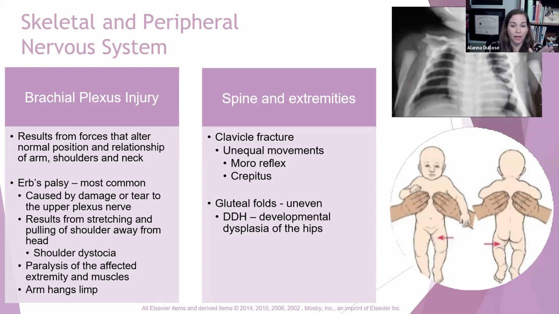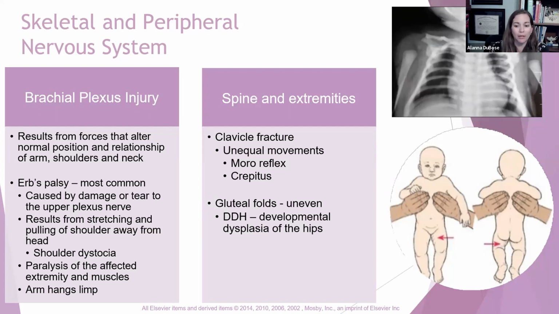This actually can happen with the brachial plexus injury as well, like we're going to talk about. That's one of the reasons that we do the reflexes at delivery, including the Moro reflex, to assess whether there might be any skeletal or nerve injuries to the clavicle or brachial plexus.